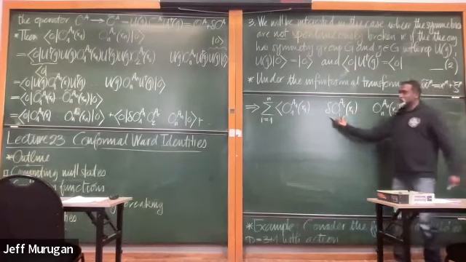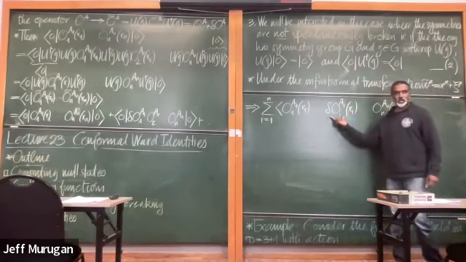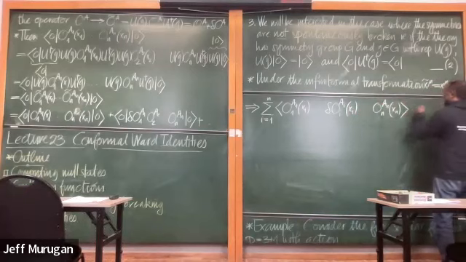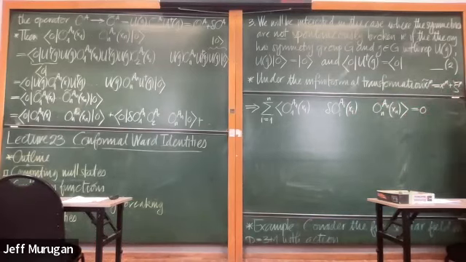In other words, I'm just replacing the ith term in the sum. All of these are summed to 0. And this is the Ward identity.